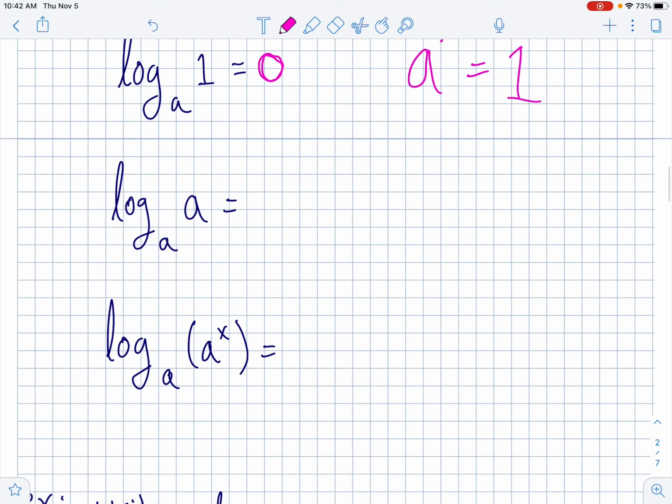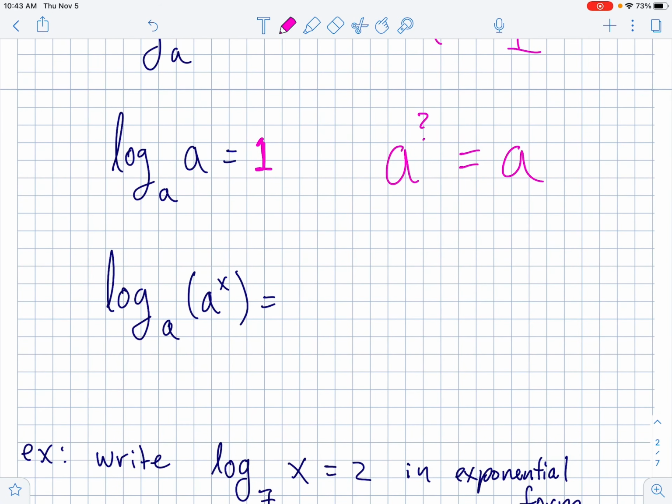Similarly here, if you think about, okay, a to the what is equal to a. So this is like a to the question mark is equal to a. Well, a to what power gives you a? The only way to do that is with 1. Last one, this is the funniest one if you spiral it.